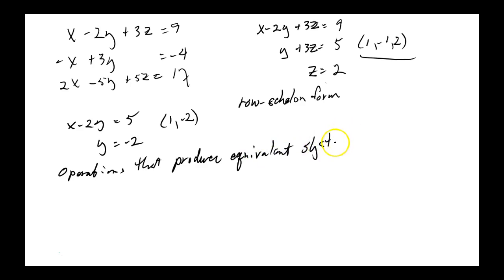And equivalent systems are those with the same solutions. Okay, equivalent systems. I think I said linear, but I didn't mean to. All right, here are the operations you can use anytime and in any order you want to. Okay, guess what? You can interchange any two equations.